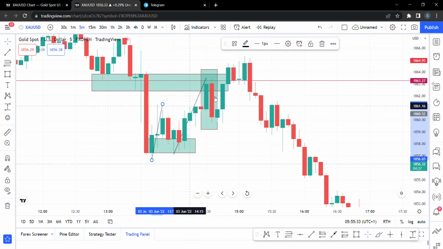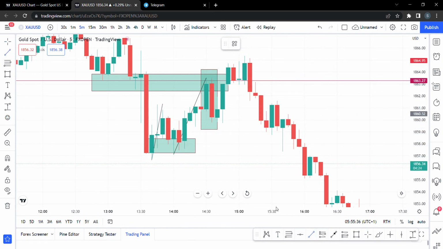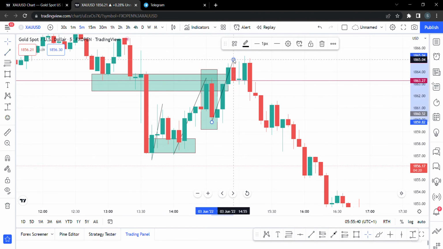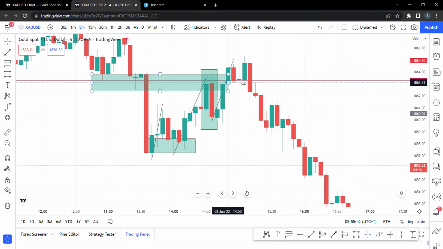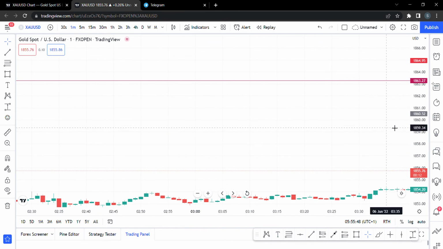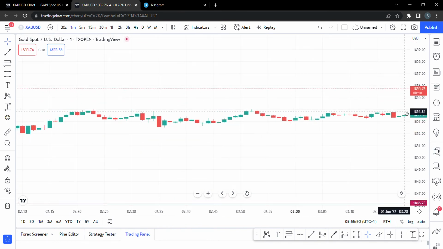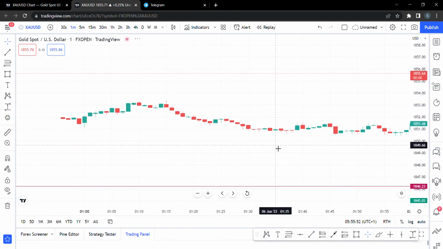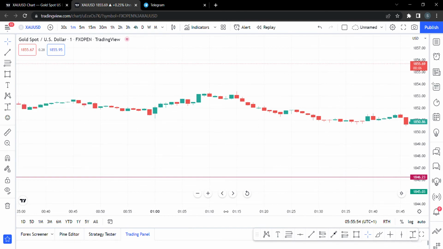So first push, second push, third push. Same thing as I showed you guys. And then on the 1 minute, let's go to the 1 minute. You will see the M formation.